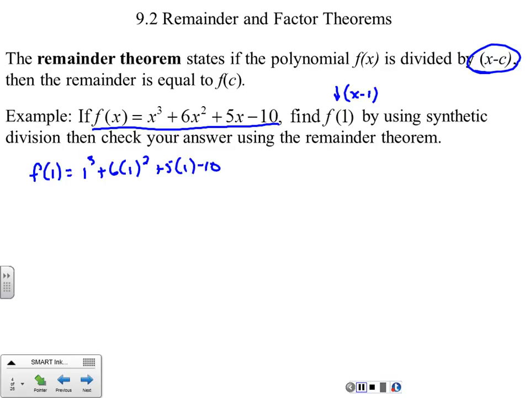Tell me what you get. I'm thinking 2. Because 1 cubed is 1, plus 1 squared is 1, 6 plus 5 is going to be 12, minus 10 is going to be 2.